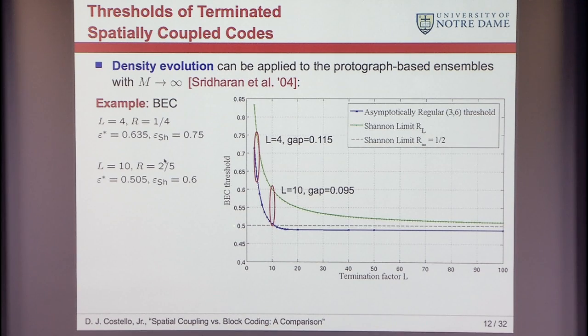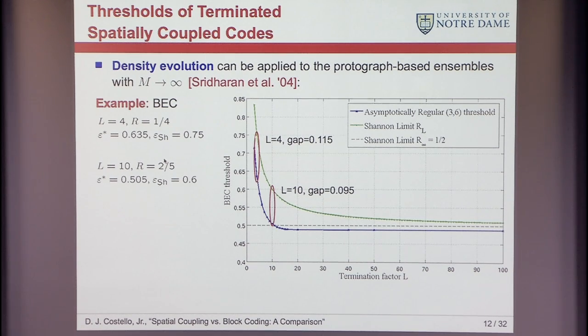So here is the Shannon limit for rate 1/2 on the BEC, which is 1/2. This is the Shannon limit for the other rates associated. Remember, as we vary L, the rate changes. It starts out at a low rate.